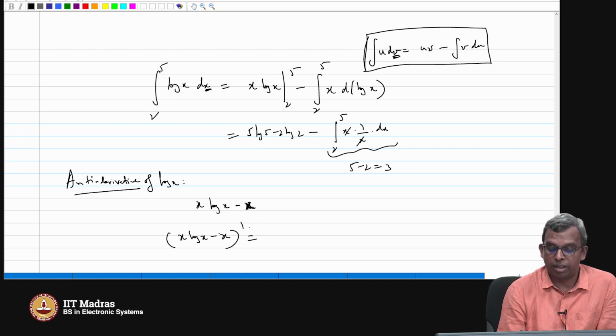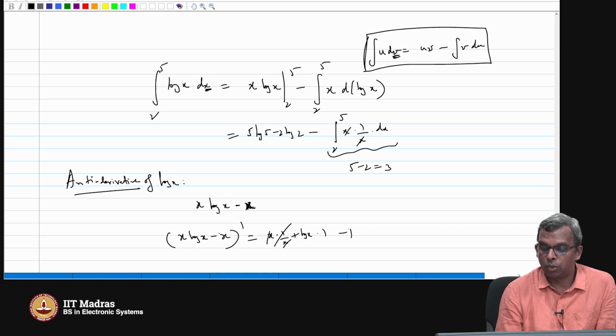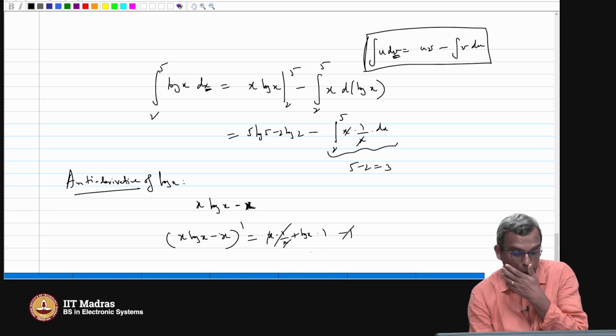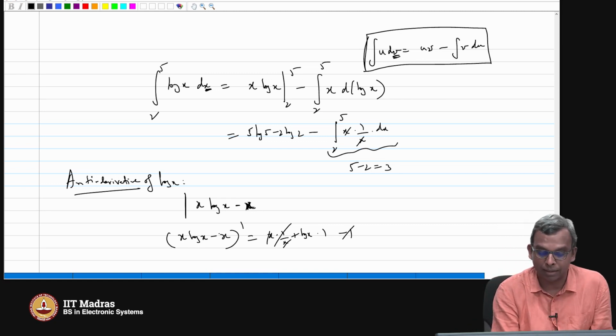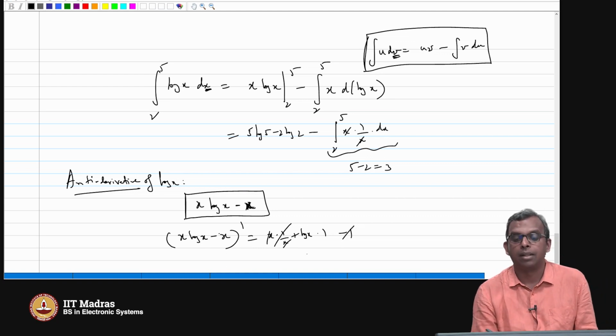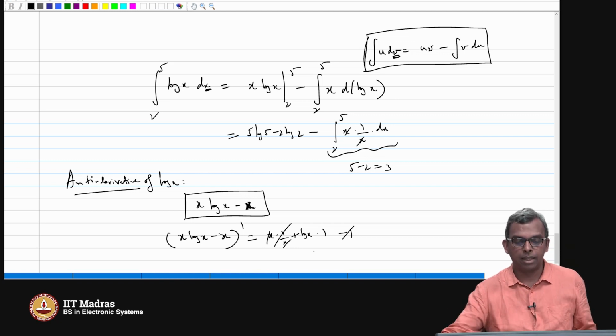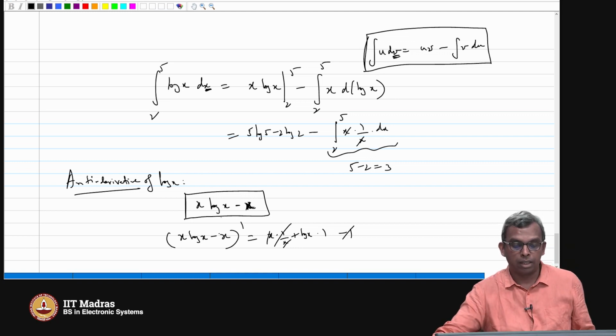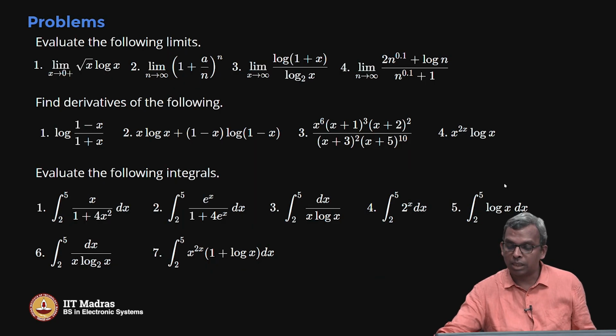If you take a derivative here, notice what happens: x into 1 by x plus log x into 1 minus 1. So, these two sort of cancel and you get log x alone. So, x log x minus x is the antiderivative of log x, and that you get by doing parts. Okay. So, you can use the parts method very traditionally and find out that this is how it will work. So, that is about just integrating log.